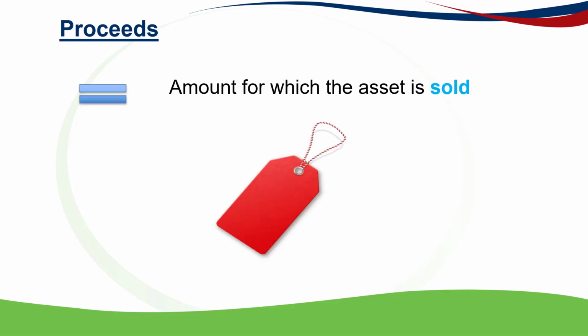The basic rule is that the amount for which the asset is sold represents the proceeds. So the proceeds is equal to the amount for which the asset is sold. Beware that the taxpayer may receive a net amount, that is after taking into account the commission. The proceeds will be the gross selling price and not the net selling price.